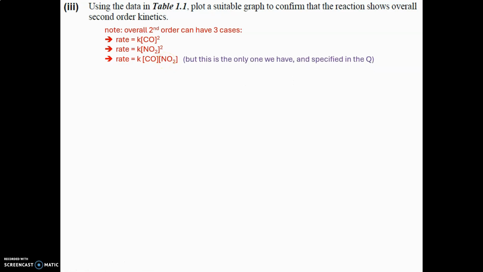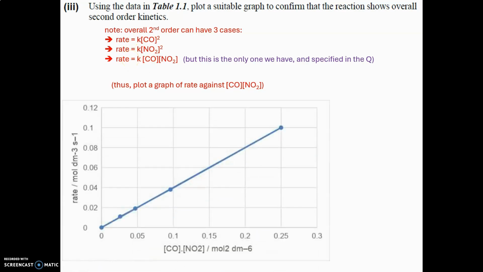So what we are going to do is plot the rate of the reaction against this. And if this is the correct rate law, what we should get is a straight line with the gradient being the rate constant k. So this is how your graph looks like, and you can see that it follows a very nice linear graph which passes through the origin.